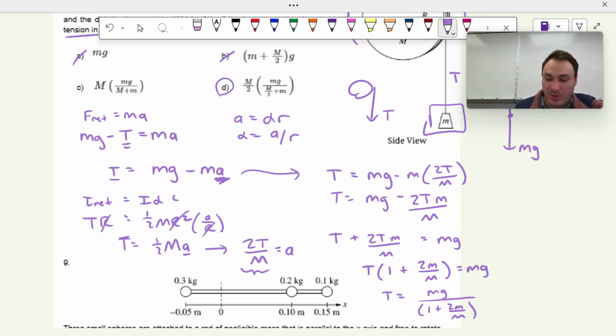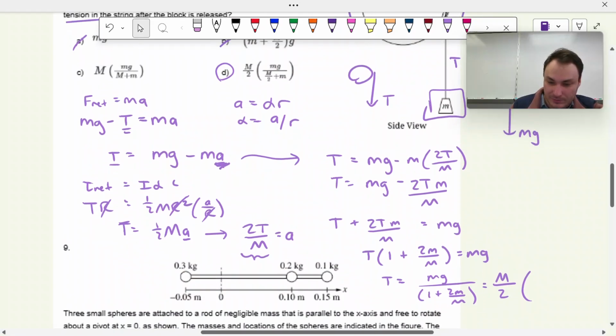It's going to follow this pattern of mg over something plus something, a 1 over something over a fraction. When we factor out big M over 2, I guess we have to do a little bit more algebra.